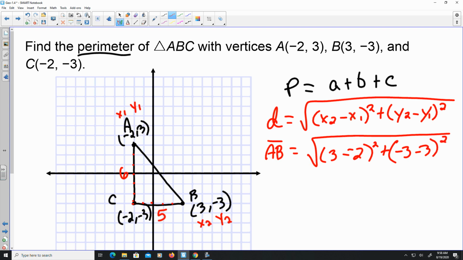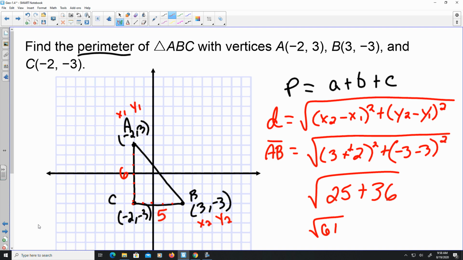Now this portion here, this 3 minus negative 2, is a cross line change sign situation, so I'm going to take care of that. 3 plus 2, 5, 5 squared is 25, so I got the square root of 25 plus negative 3 minus 3, which is negative 6, square that, which is 36. So 25 plus 36 equals, what, 61. So I got the square root of 61.